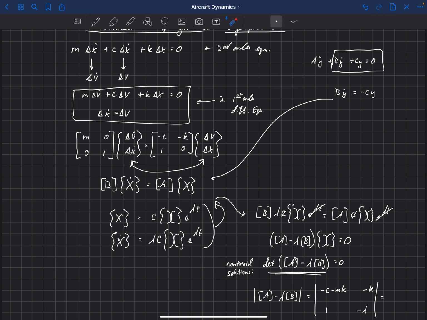So instead of 6 second order equations, we actually have rewritten ours as 12 first order differential equations. Again, this represents 6 degrees of freedom, but we have 12 equations that we're going to be looking at solving.